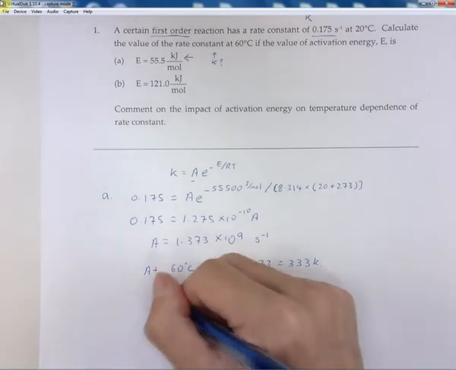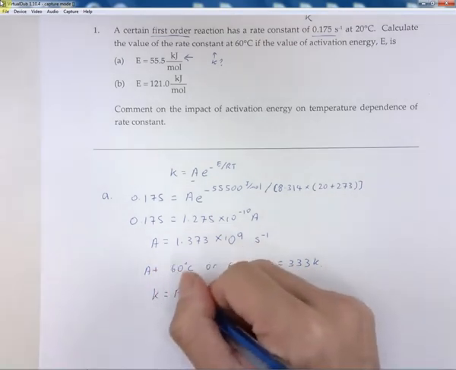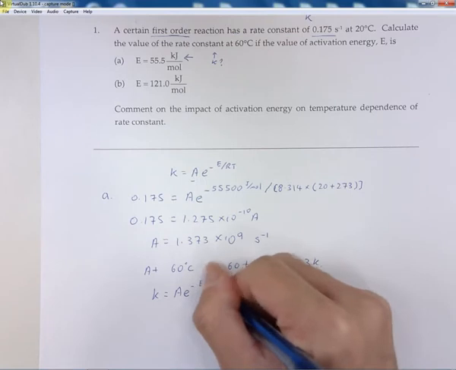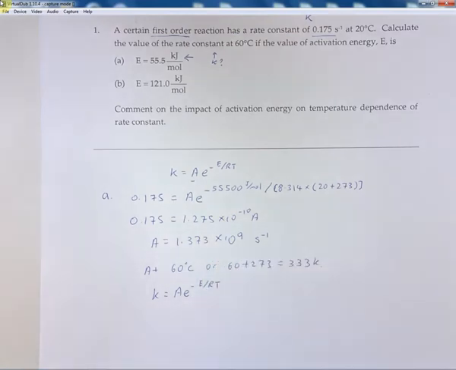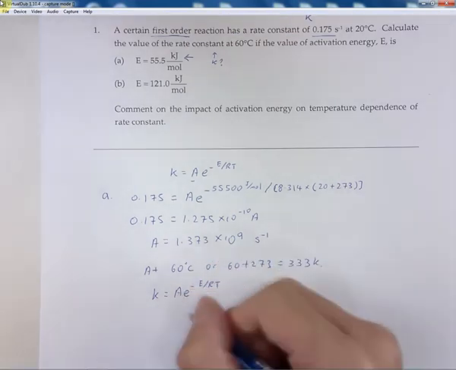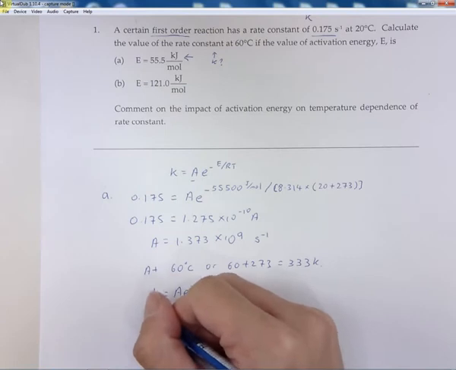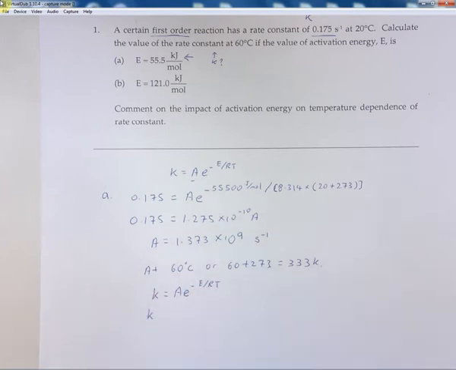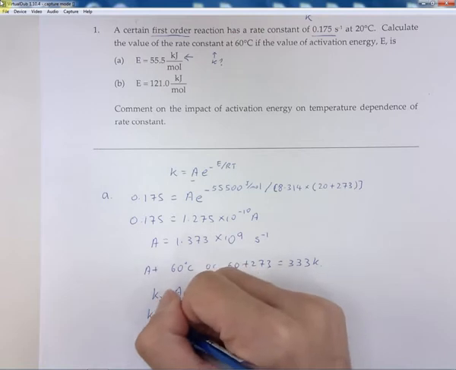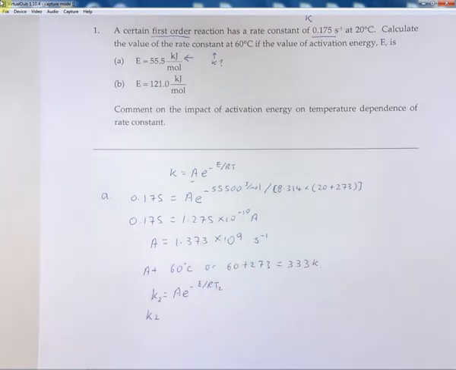I just rewrite the Arrhenius equation, K is A e to the power negative E over RT, and we are going to solve for this K, which is K2 at temperature T2.